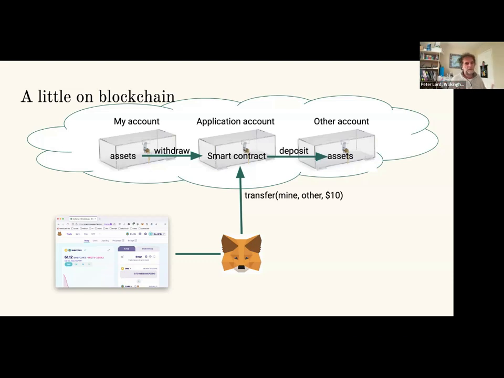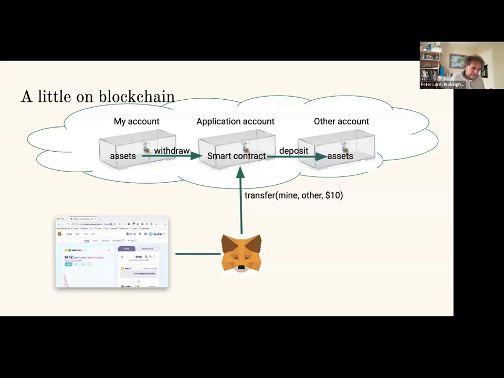And these two blockchains have different features. For example, Bitcoin doesn't support smart contracts, so it's no good really for Web3 applications. The Ethereum blockchain does support smart contracts, so it's quite often used for Web3 applications.